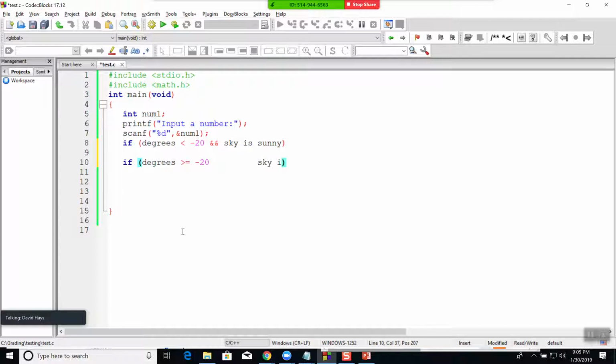Sky cloudy? Well, it could be nighttime, right? Yeah, I guess. It's hard to flip these to the opposite. You could say sky is not sunny. And I think the AND here switches to two pipe symbols. I think.